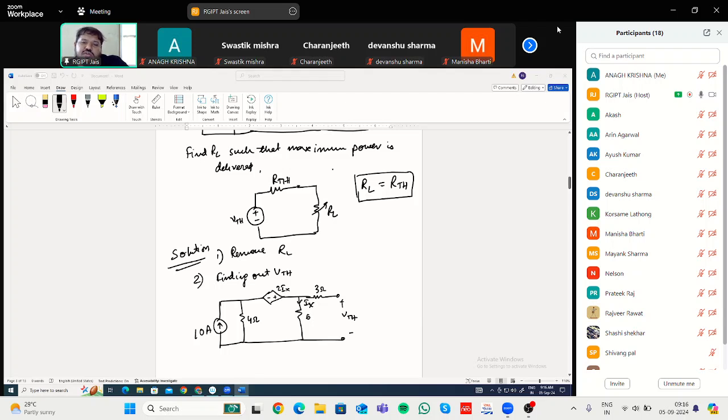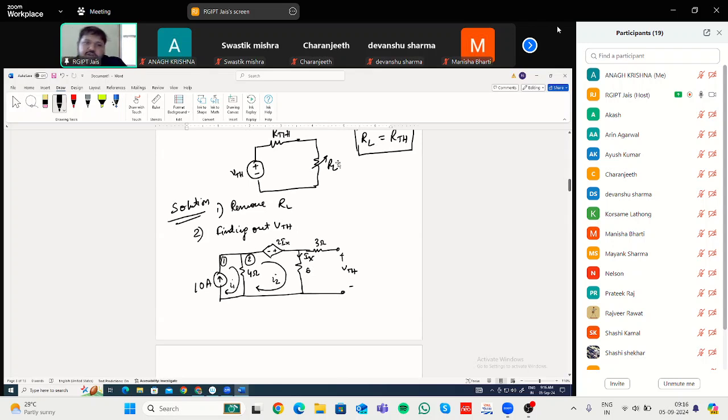This path is open, so this is not forming a loop. So what are the meshes? This is mesh one. This is mesh two. If you use mesh analysis, you can consider the current I1 flowing through mesh one and current I2 flowing through mesh two.